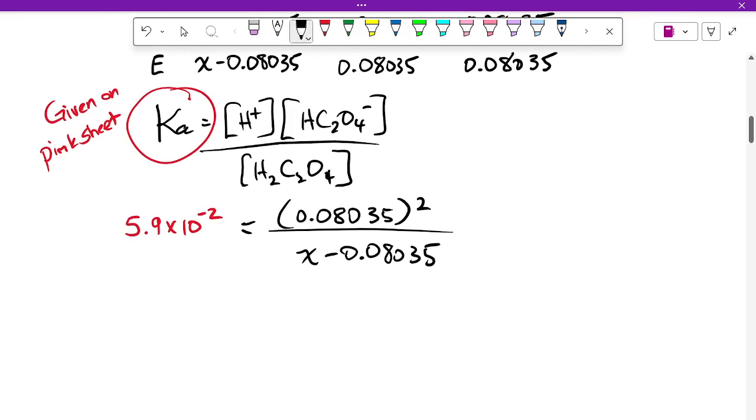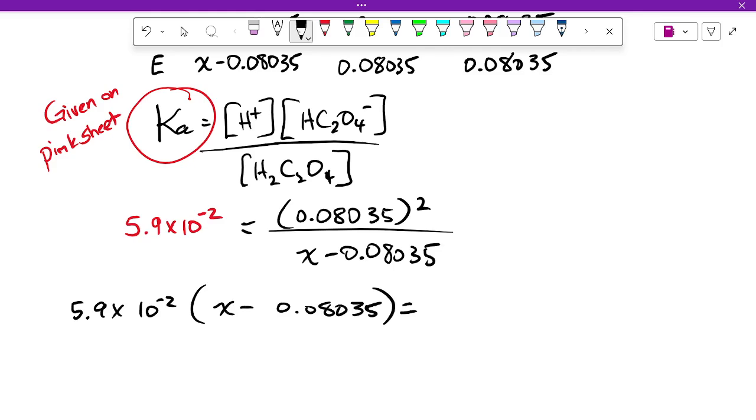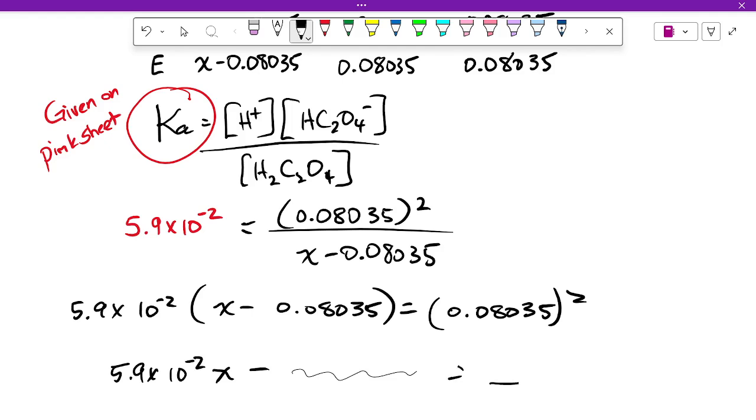I'd be like 5.9 times 10 to the minus 2 times x minus 0.08035 equals 0.08035 squared, and then there was a lot of work involved.